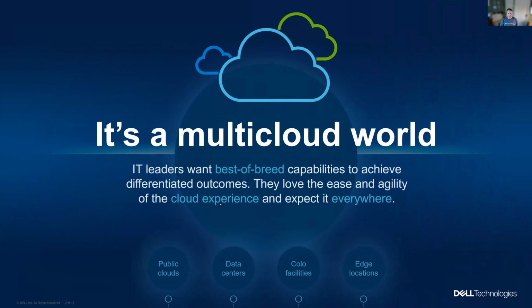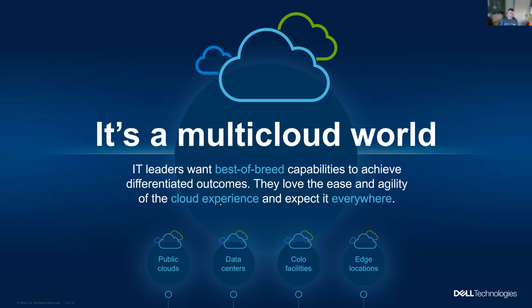So it is a multi-cloud world. If we look at IDC, if we look at Gartner, if we look at Forrester, right, what we're seeing is around 93% of organizations globally are doing some form of multi-cloud, right?